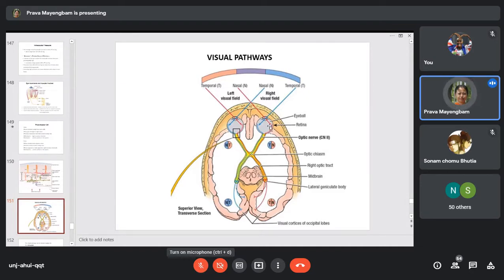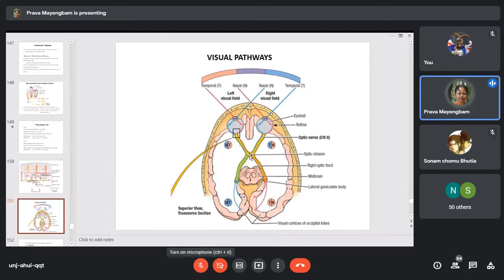So the right eye will be receiving the sights of the objects at different locations through the nasal and temporal pathways. Okay, then this is the nasal pathway, and this is the nasal tract.